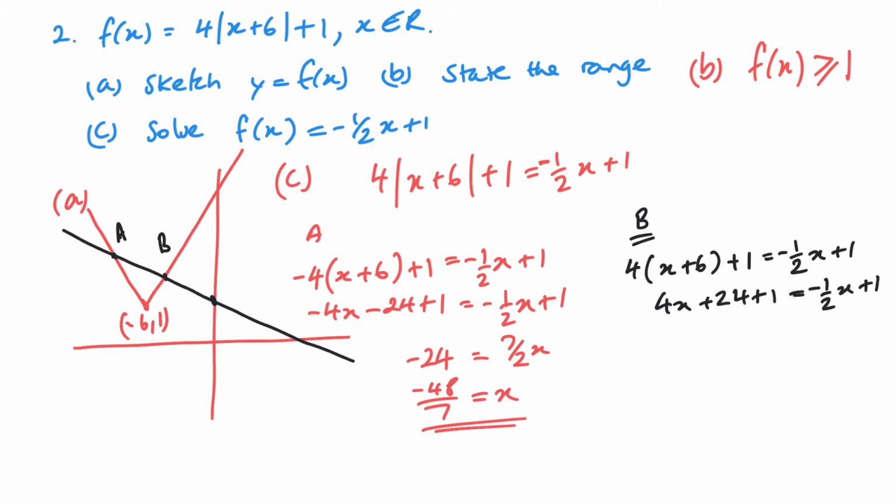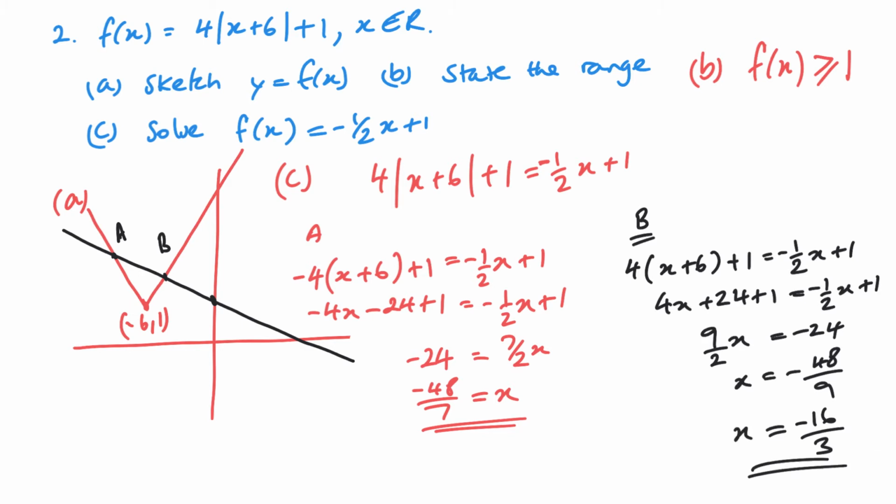So add that, so I'm going to get 9 over 2 x equals -24. So this is going to give me -48 over 9. I can divide both of these by 3. So -16 over 3, and there is my second coordinate.